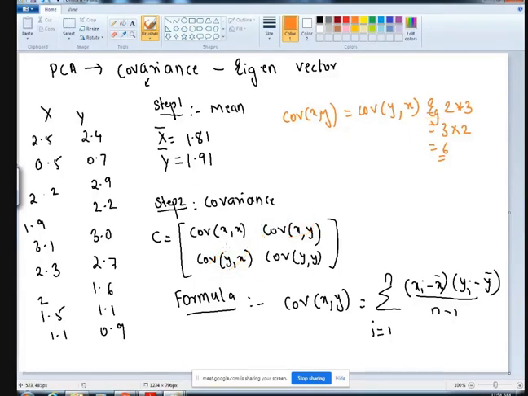Now how to find the covariance of x comma x? If we are finding covariance of x comma x, what do you have to do? Instead of this y, now you're going to consider x.